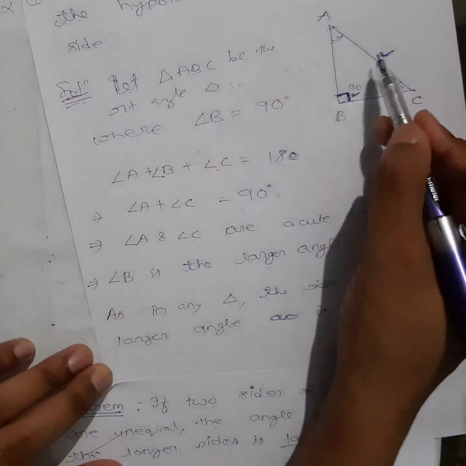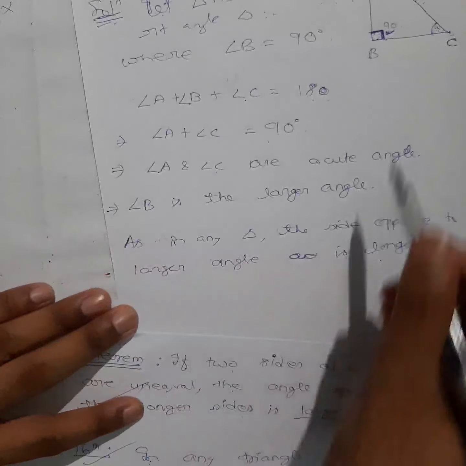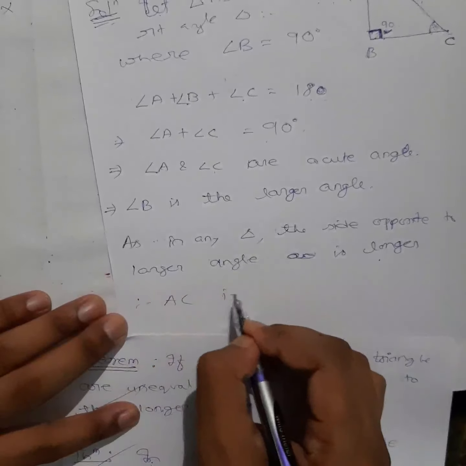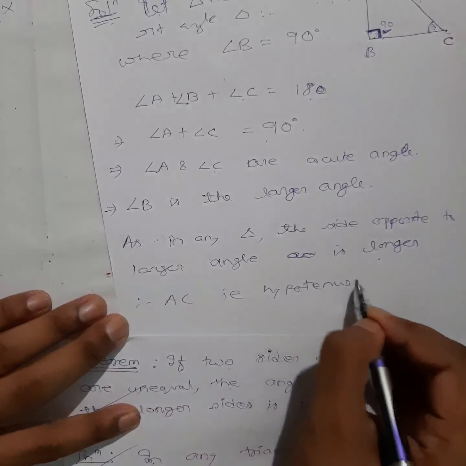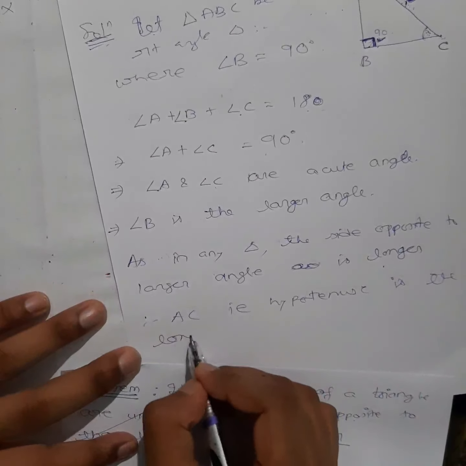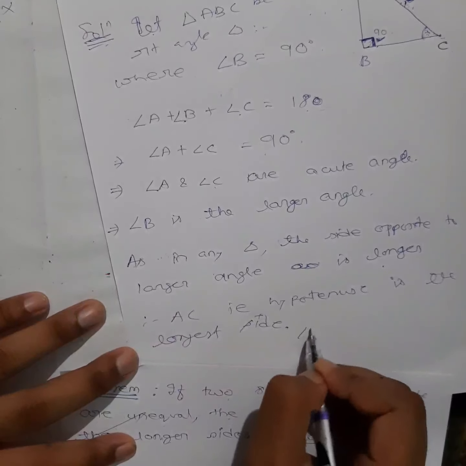Means the side opposite to this angle is always the longest side. We have already shown that, right? So what I can say: in triangle ABC, therefore AC, that is the hypotenuse, is the longest side. Okay, that's it.